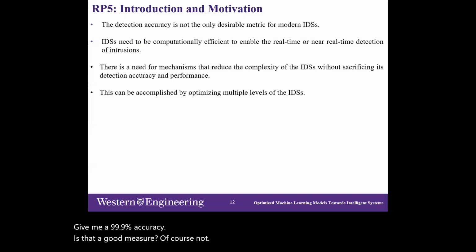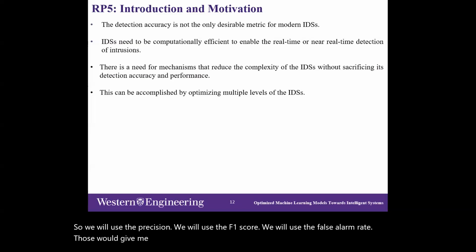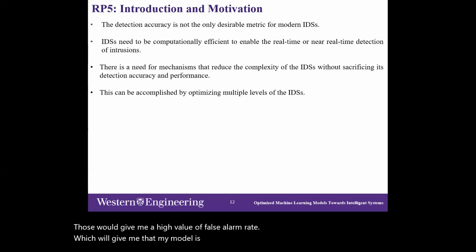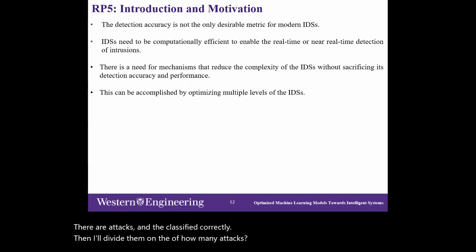So we will use the precision, we'll use the F1 score, we will use the false alarm rate. Those would give me a high value of false alarm rate, which shows that my model is not performing well. Because sometimes we are looking for the accuracy of the target class. I'm trying to identify attacks, so I'm looking at how many attacks are classified correctly, divided by the sum of how many attacks are classified correctly and how many are classified wrong.